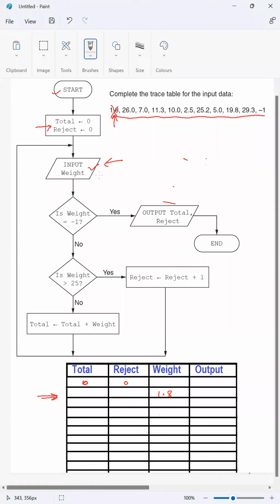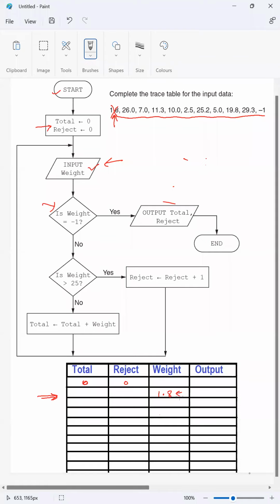So once I have taken the input, what am I going to do next? I'm going to come to this box. This is a decision box. And what is it saying? Is weight equals -1? We can see that the value of weight right now is 1.8.